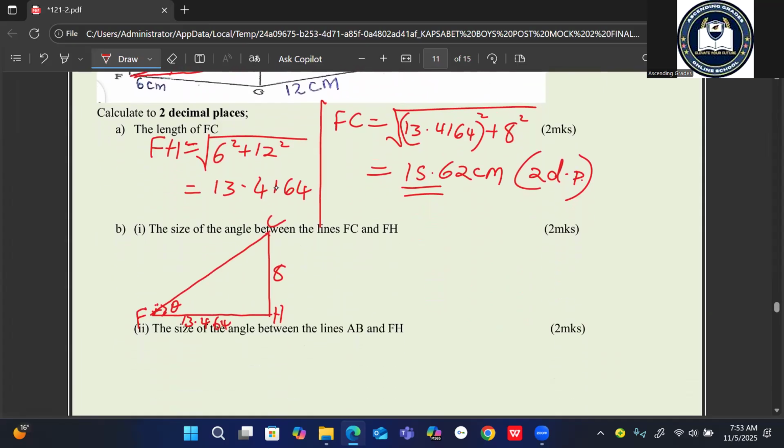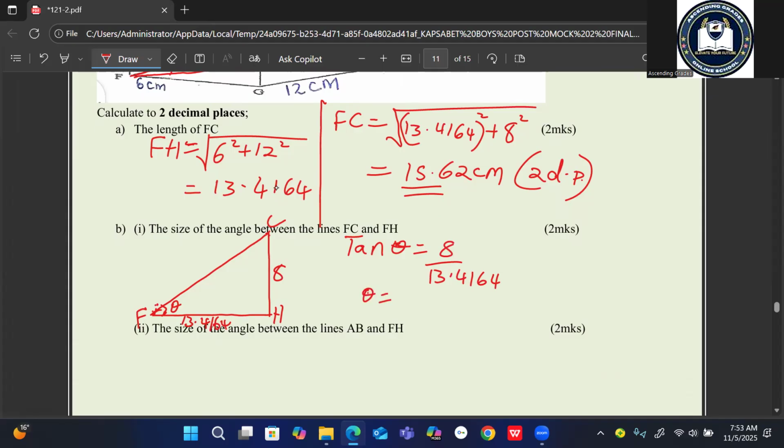So this is here. So when you look at the relation between 8, 13.4164 and theta, realize that this one is opposite, this one is adjacent. So there we have to use tan. So tan theta should be equal to opposite, that is 8, over adjacent, that is 13.4164.